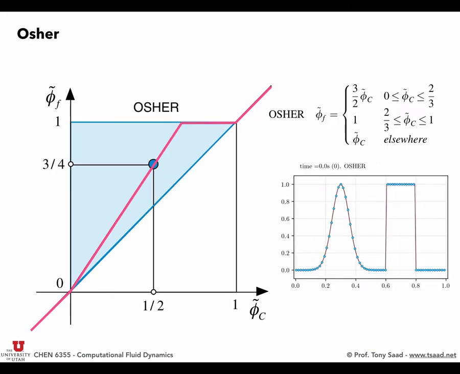This is another scheme called the Osher. And it looks like this. So think of this as phi tilde f versus phi c, and we are upwind everywhere outside the non-monotonic region. Within the monotonic region, you can be whatever you want. So we choose this line. They all have to pass through this point, 1/2 and 3/4, for second order accuracy.